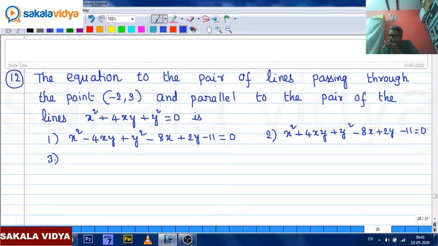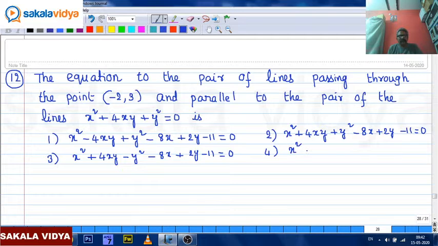Third option: x square plus 4xy minus y square minus 8x plus 2y minus 11 is equal to 0. Fourth option: x square minus 4xy plus y square minus 8x minus 2y minus 11 is equal to 0. So this is the question.